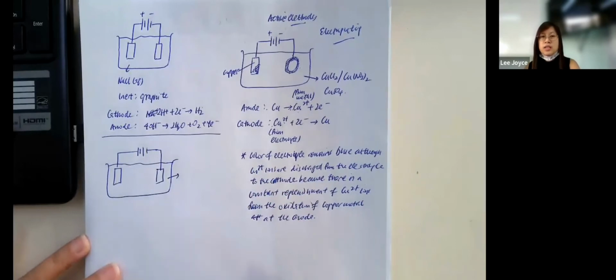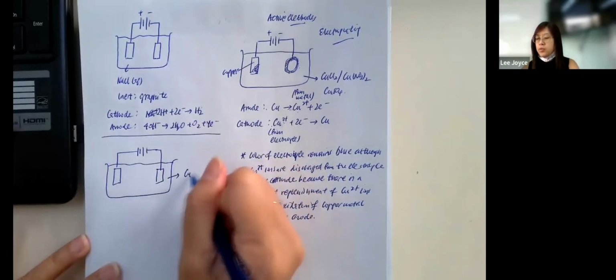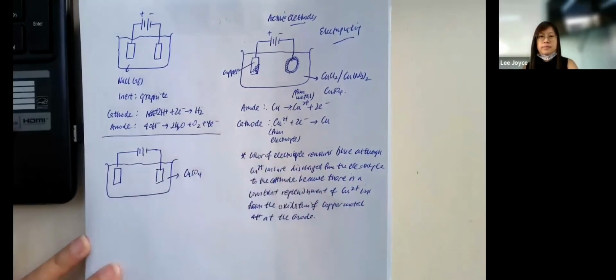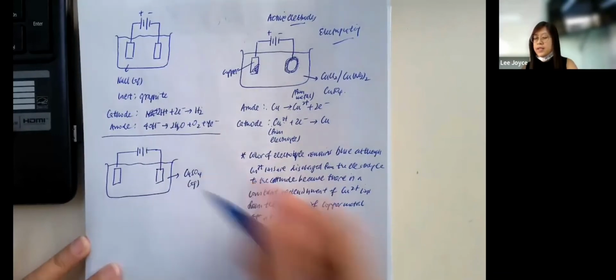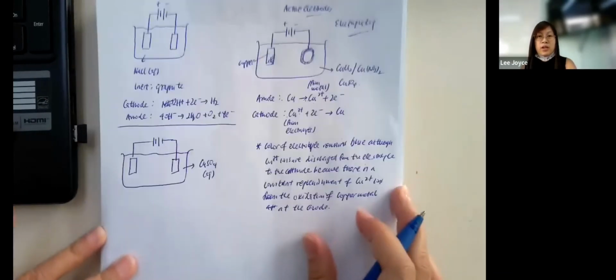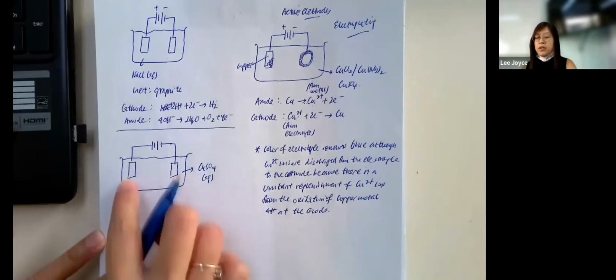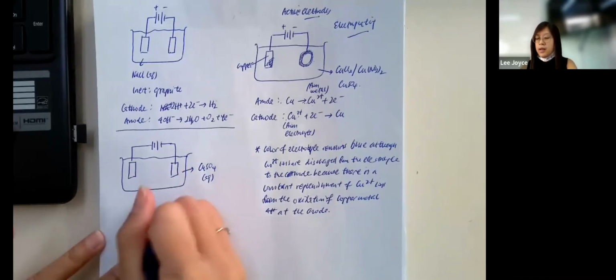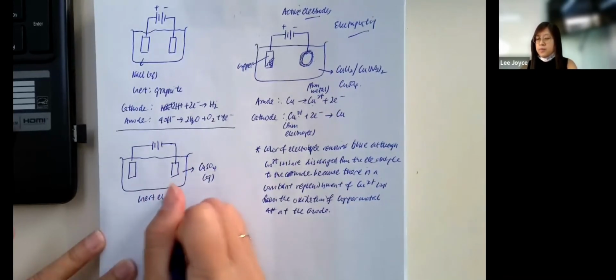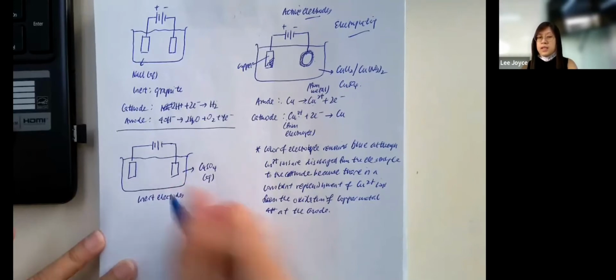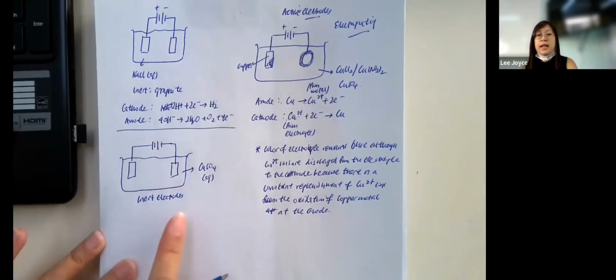Now we change this electrolyte to a copper 2 sulfate solution, but we are using carbon or graphite or the platinum electrodes. This will cause the solution to become colorless.